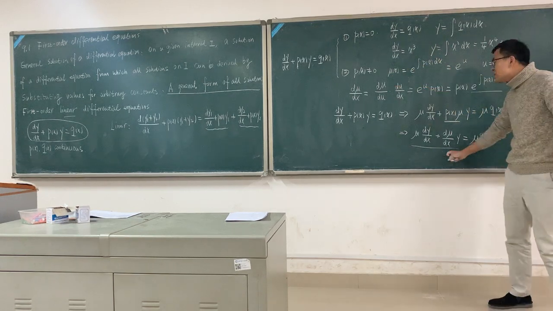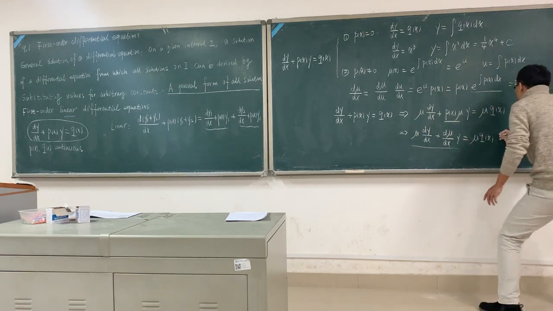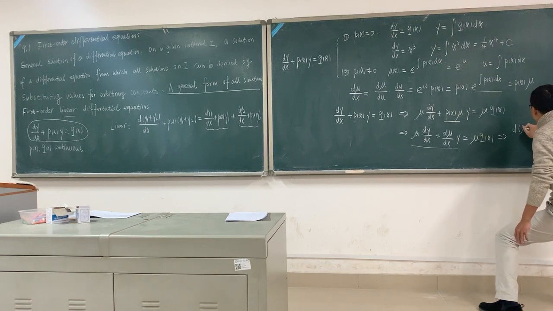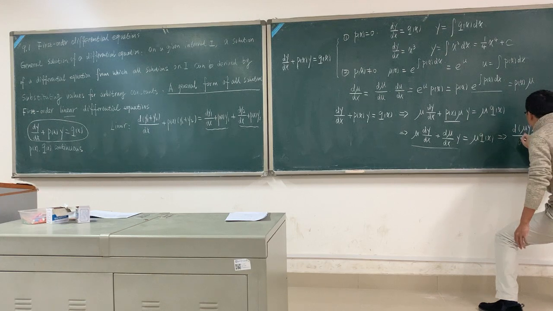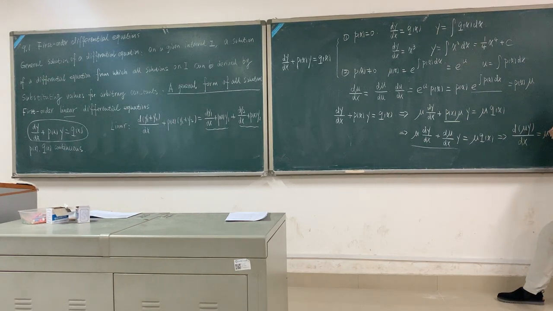So the left hand side is the derivative of mu times y, d(mu y) dx, equal to mu q(x).